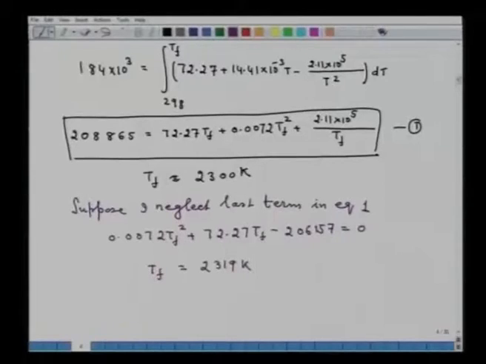Now, you can also calculate by taking the average values, and then the value of flame temperature is bound to be higher, because you are using the average Cp value. I leave you this exercise.